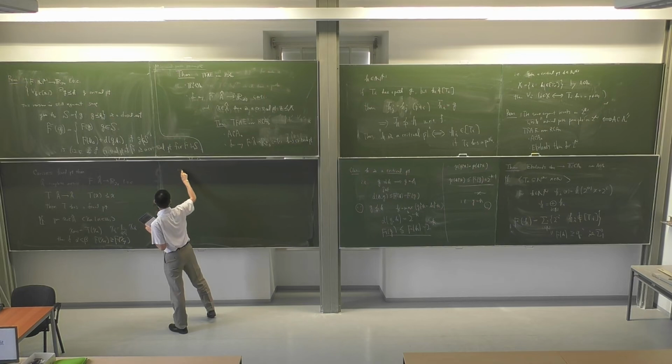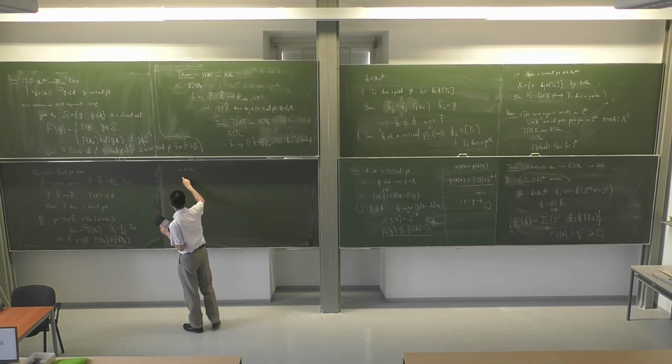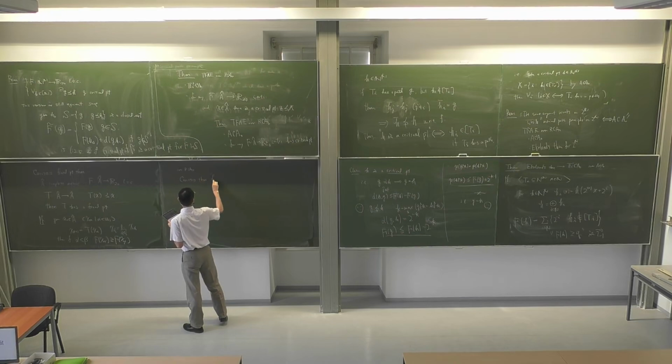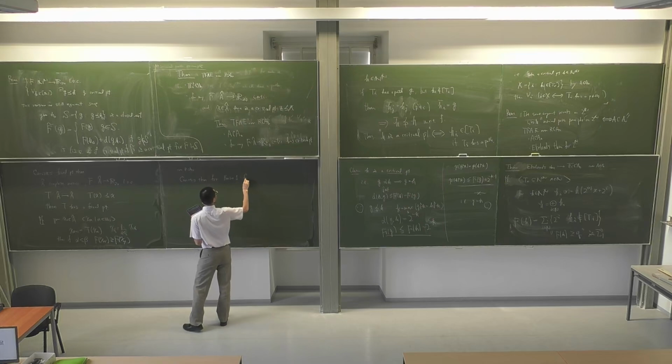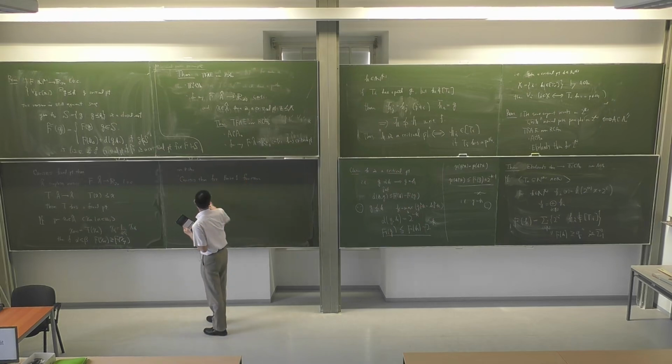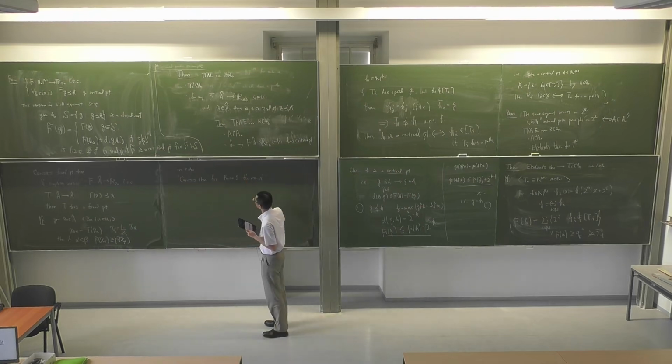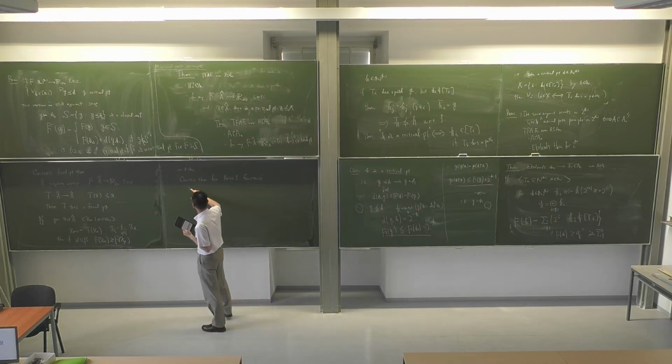And what we know so far is that over RCA0, this theorem for beta 1 functions implies ATR0.